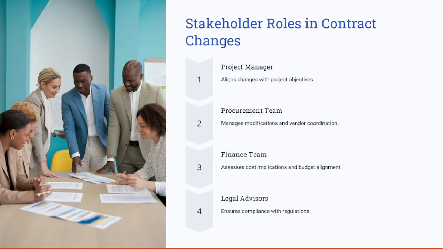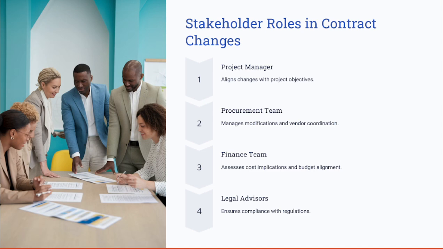And here are the stakeholder roles in contract changes. The first stakeholder is the project manager, and the role in procurement contract modification is to ensure that the contract changes align with the project objectives. The procurement team needs to manage the contract modifications and vendor coordination.